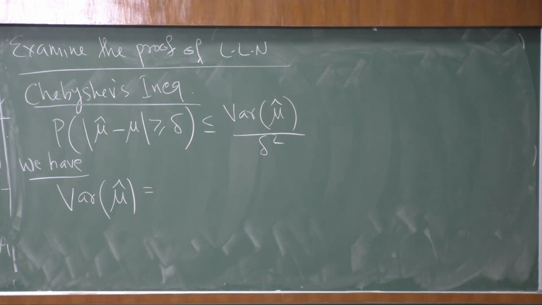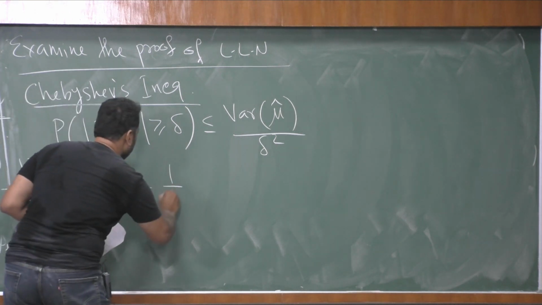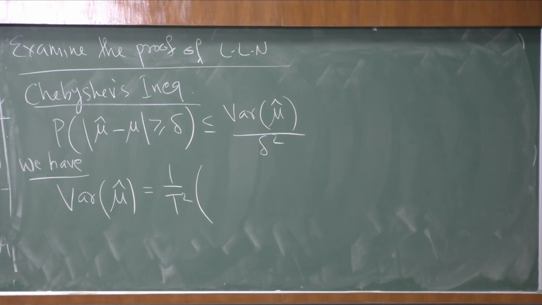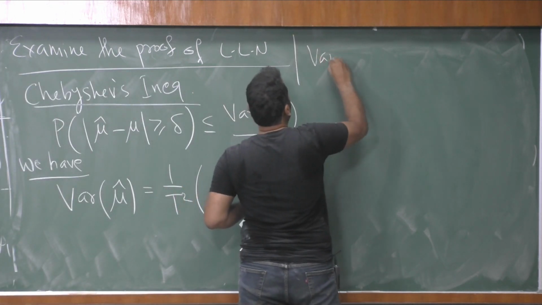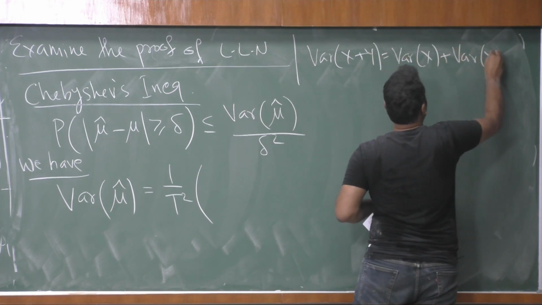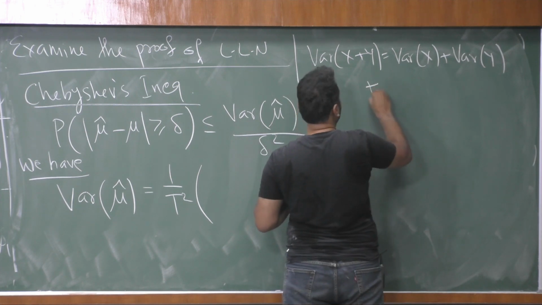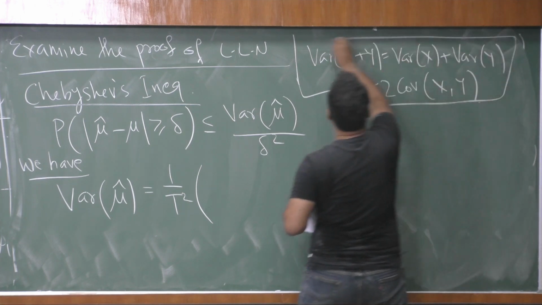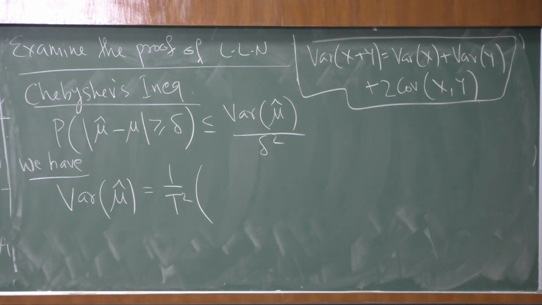Variance of AX is A squared variance of X, so then we have 1 by T squared outside, and then variance of X plus Y. We recall variance of X plus Y is variance of X plus variance of Y, and then plus 2 times covariance of X, Y. This is the formula we recall from the probability part, and it's just that here we have a sum of x1, x2 up to T, but these pairwise covariances will show up.